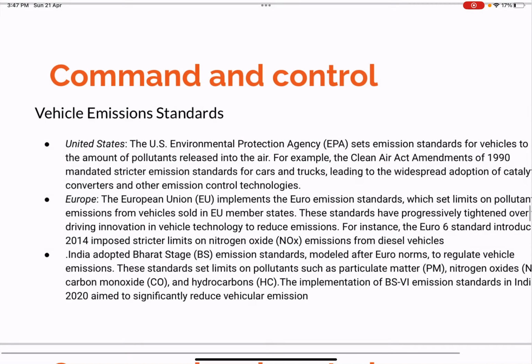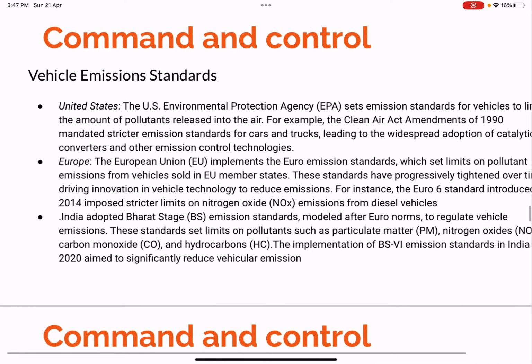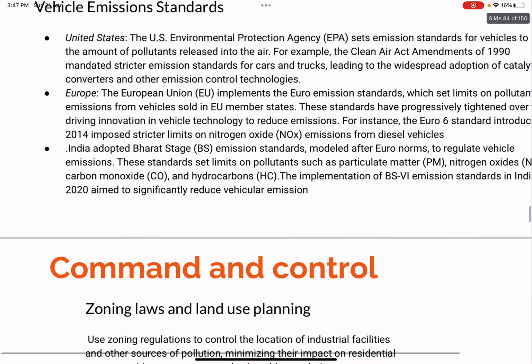The Clean Air Act Amendments of 1990 mandated, meaning made compulsory, stricter emission standards for cars and trucks. In Europe, there are Euro 6 standards, which put very strict limits on nitrogen oxide emissions from diesel vehicles. So all market economy countries have vehicle emission standards, and they could be taken as an example of the command and control approach.